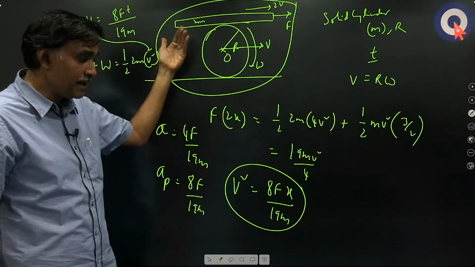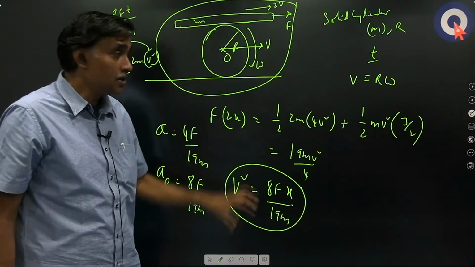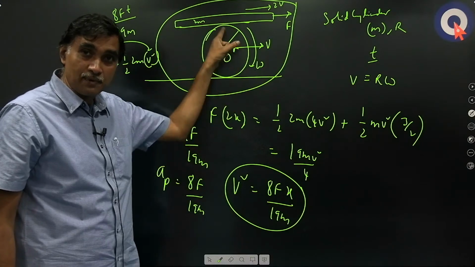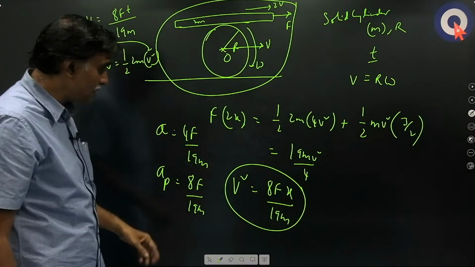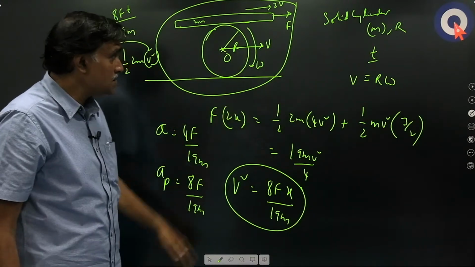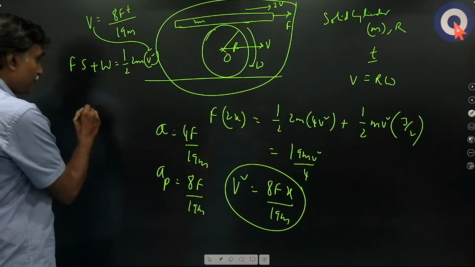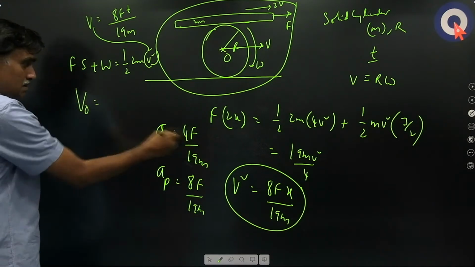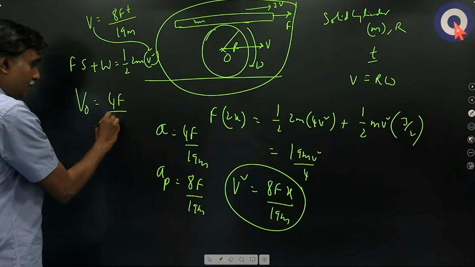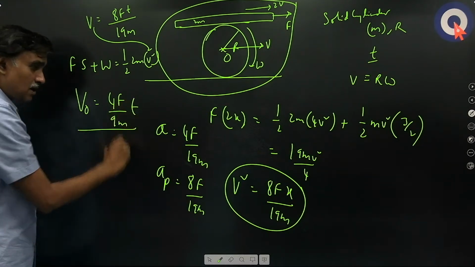So instead of finding it on the plank, even though they have asked on the plank, you find the work done on the cylinder by this friction and take the negative of that, and we will get the work done on the plank. For example, in the same time t, the velocity the cylinder acquires is 4F by 9m into t. This is the velocity it acquires.